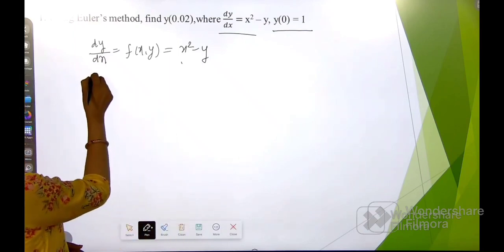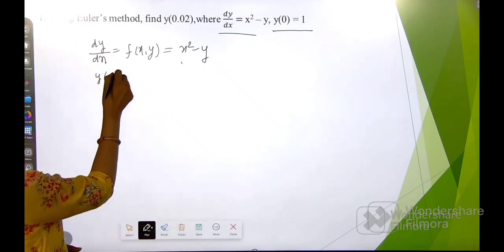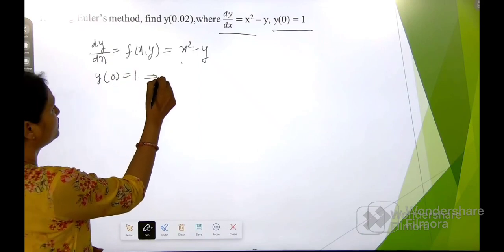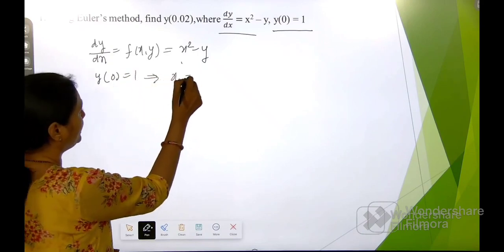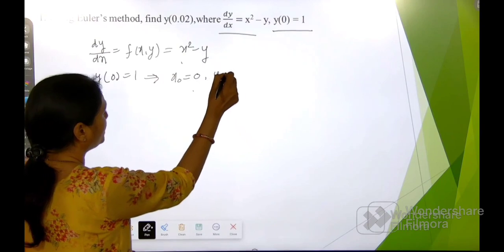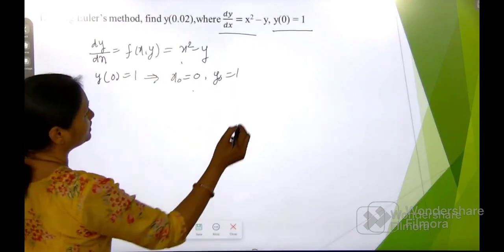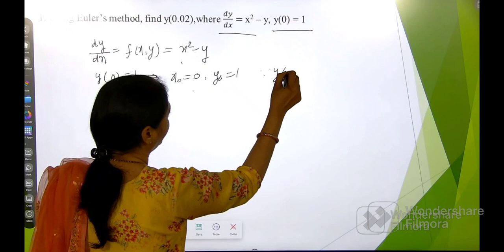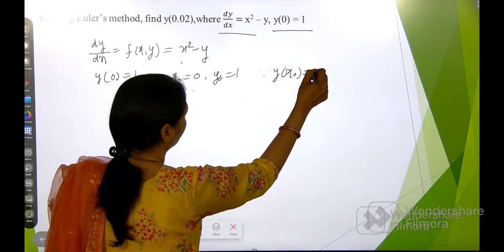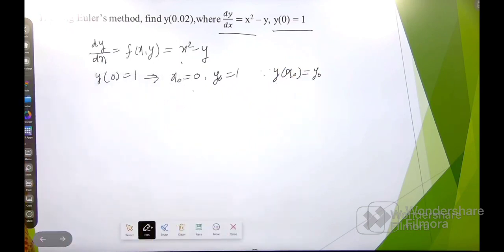Also we are given the initial condition y of 0 equal to 1. This gives us x0 equal to 0 and y0 equal to 1, since it is y of x0 equal to y0.